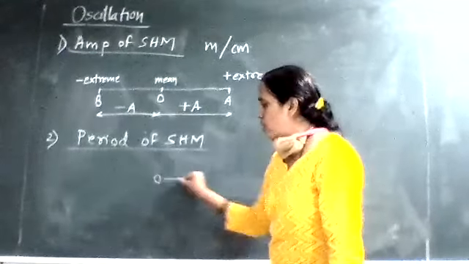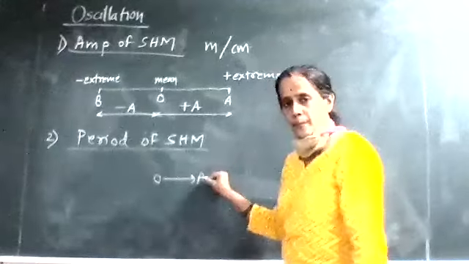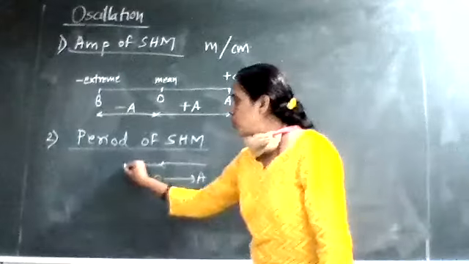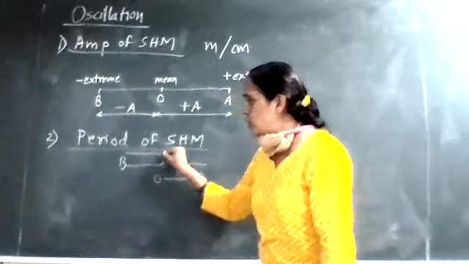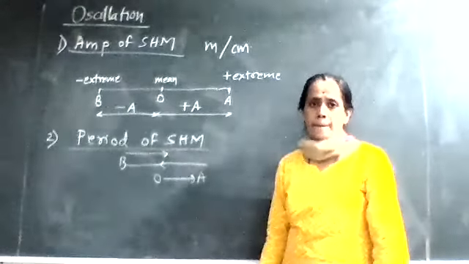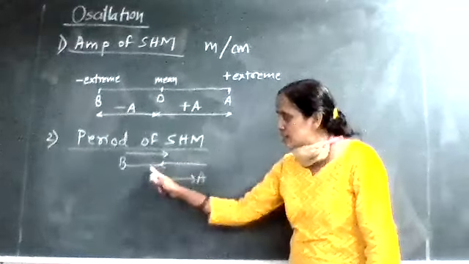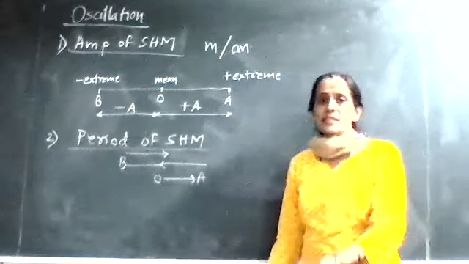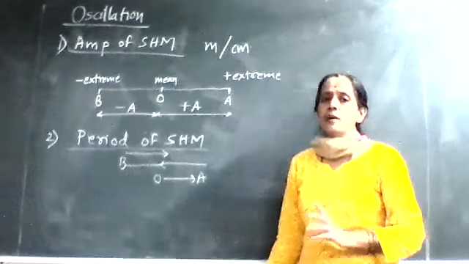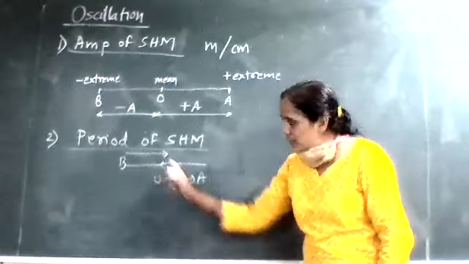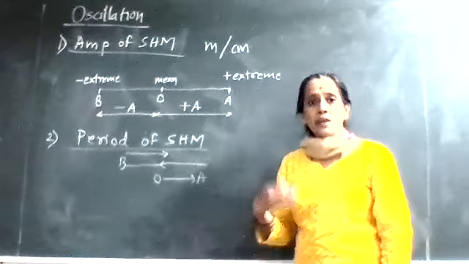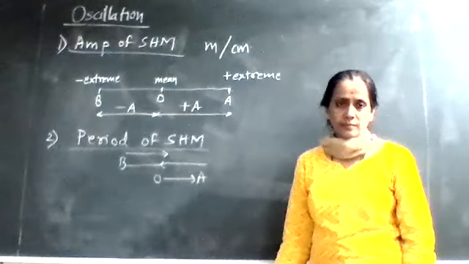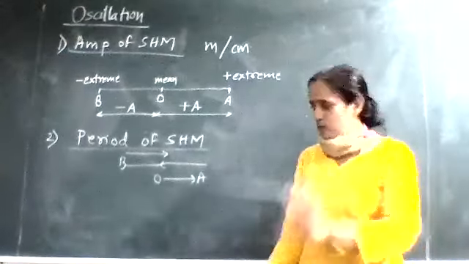The particle is moving from O to A, A to O, O to B, and B to O. So these four distances the particle is covering. Then the particle has completed one oscillation, and for that one oscillation, whatever time is taken is called T. Is it okay?